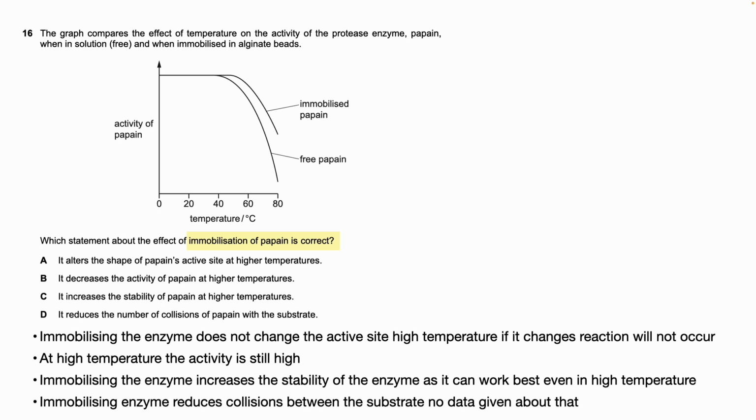No data is given about this, so there is no data claiming that the collisions have reduced. So from the given question, the option which goes well with this is C. It increases the stability of peptide at higher temperature, as the activity is still high for the immobilized peptide at 80 degrees Celsius.